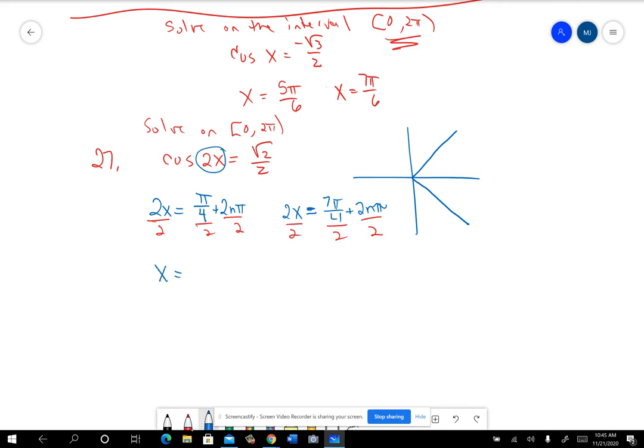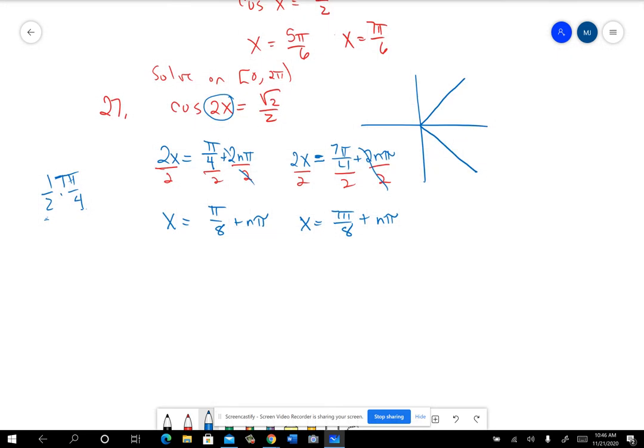Half of pi over 4 gives me pi over 8. Here the 2's go away and I just have n pi. Here I'll have 7 pi over 8 for a similar reason. If I had 7 pi over 4 and I multiplied by a half, then that's going to be 7 pi over 8. Okay, and then the 2's cancel out and I have plus just n pi.